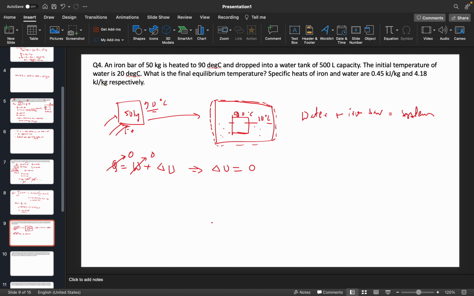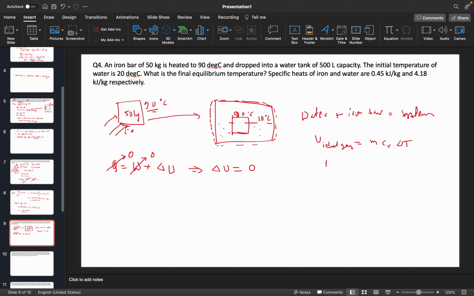Now, if you study more thermodynamics, you will know that internal energy is a function of temperature only. For an ideal gas, the internal energy U is equal to mCv delta T. Never write Cp for an ideal gas.